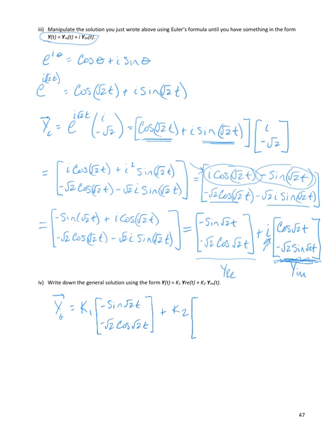We are leaving the i out. That's the whole idea, so that we can write down a real solution with no i's in it. So cosine root 2t, negative root 2 sine root 2t.